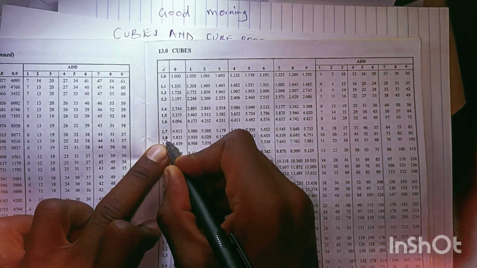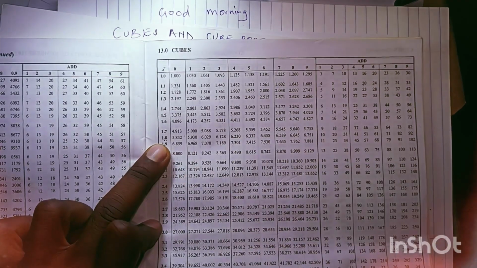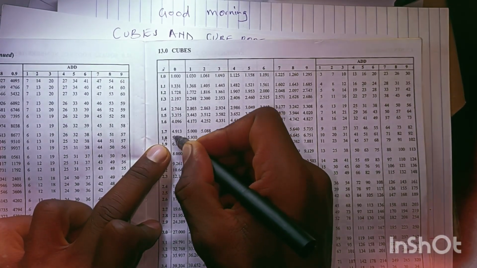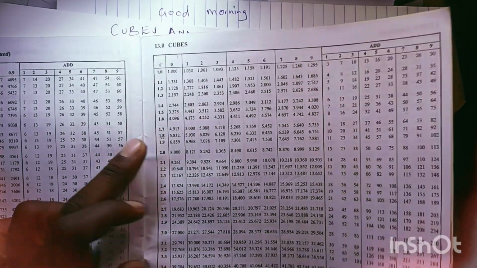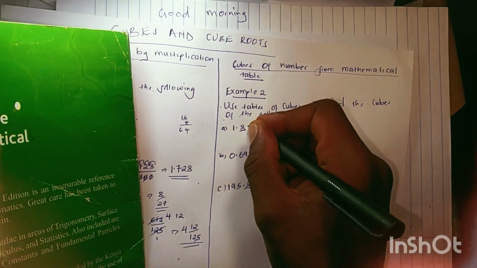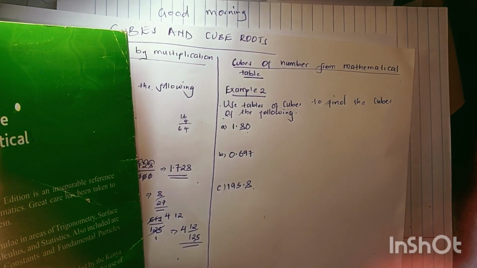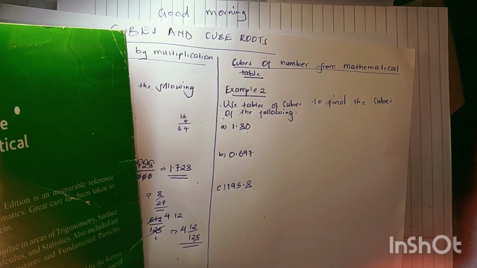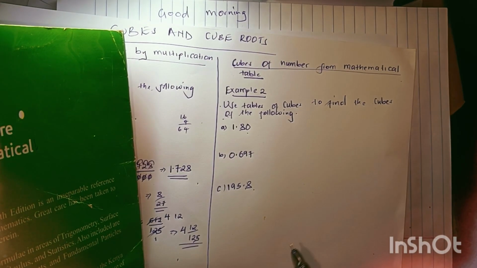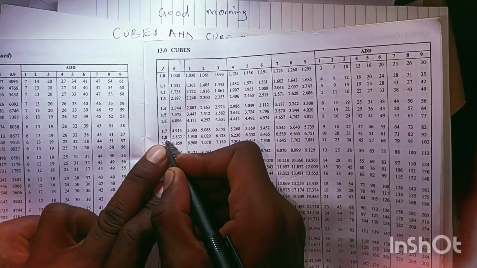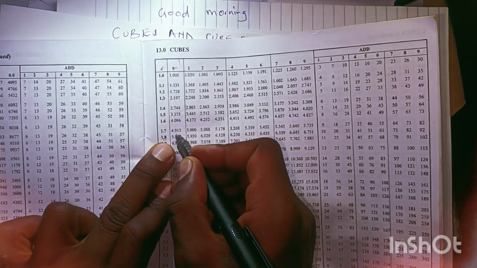Since there is no digit after the 8, I'll just read in the column of 0, because the next value after 8 is automatically 0.